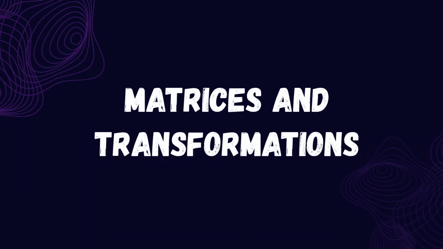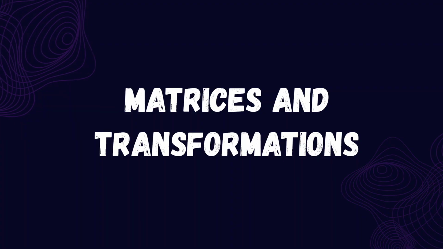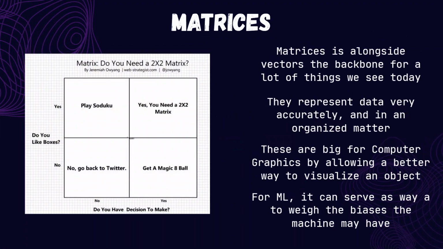Now for this we have the matrices and transformation section. One of the biggest things alongside vectors is matrices, which are basically the backbone of the things that we see today. They're extremely well mannered in a sense, where they permit us to move stuff around and to get data in an organized manner.